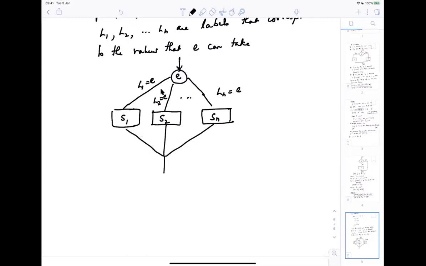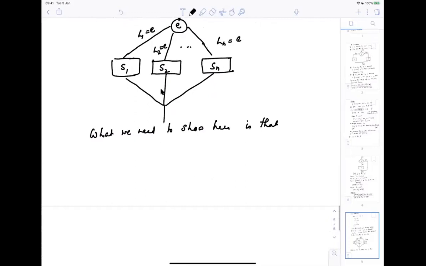And so this is where what we need to show here is that P and X equals Li, Si, Q for i equal to 1 to n.